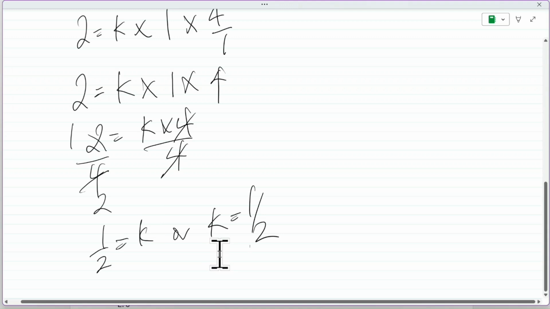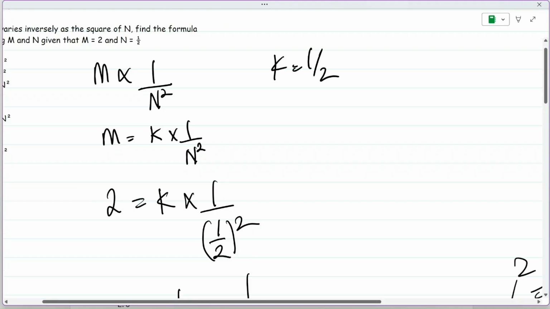We go back and insert it into the original equation. Now we know our k equals half, and our original equation is m equals k times 1 over n squared. Now we write m, because the constant is the only constant thing here. The m can change, and once the m changes, it affects the n. So the k never changes. So we have m equals, to create the standard equation, the value of your k is half, equals half times 1 over n squared.